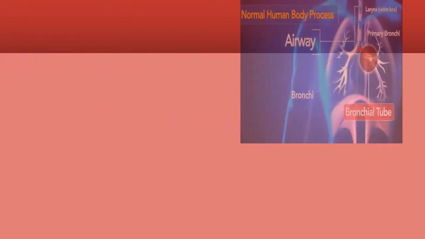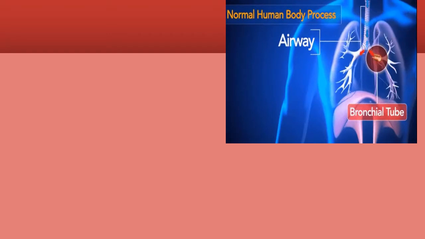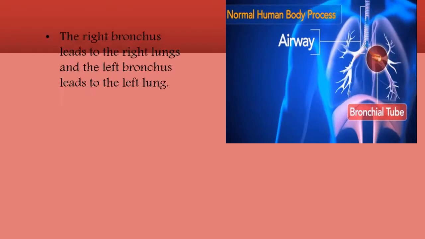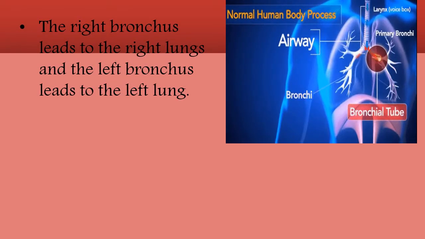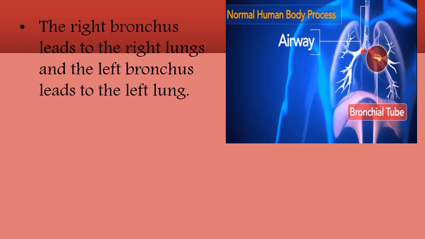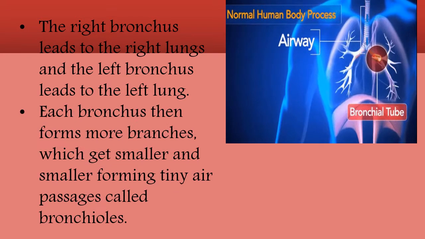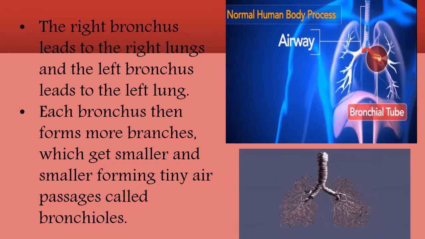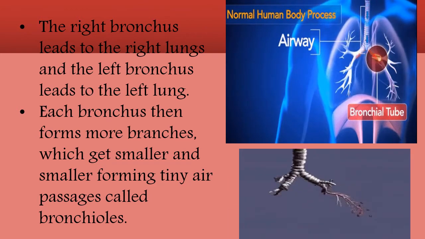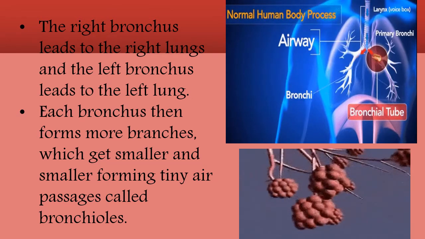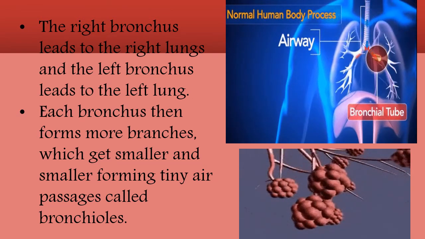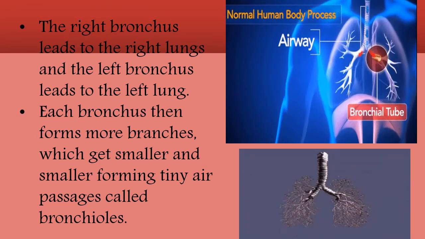The right bronchus leads to the right lung and the left bronchus leads to the left lung. Each bronchus then forms more branches which get smaller and smaller, forming tiny air passages called bronchioles.